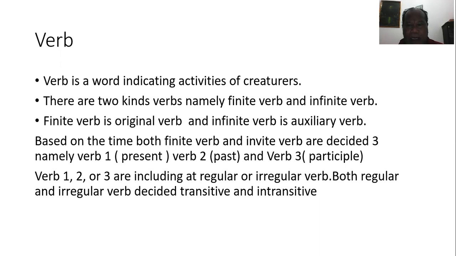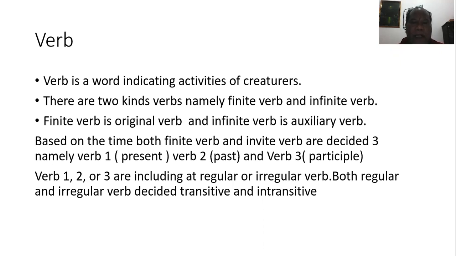And verb 3, participle, is used for present perfect tense or past perfect tense. So in English, the first, present, verb 1; verb 2, past; and verb 3, participle.